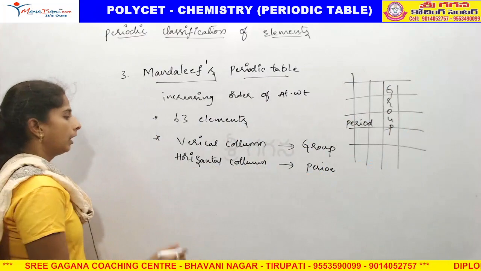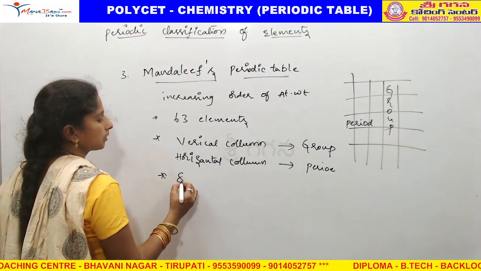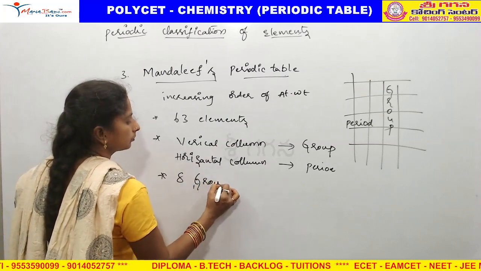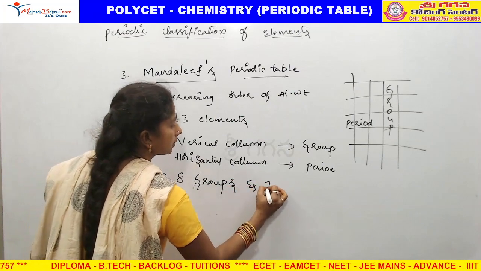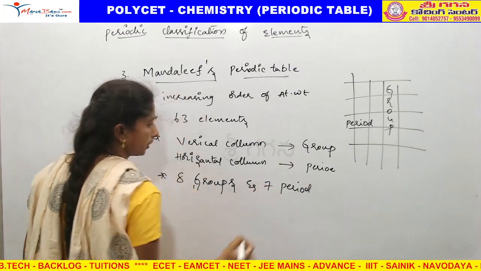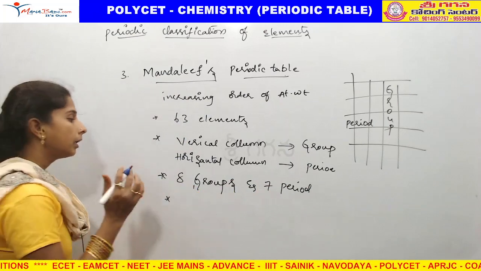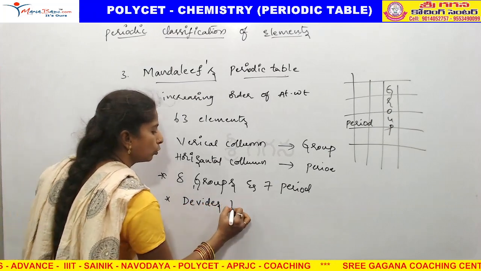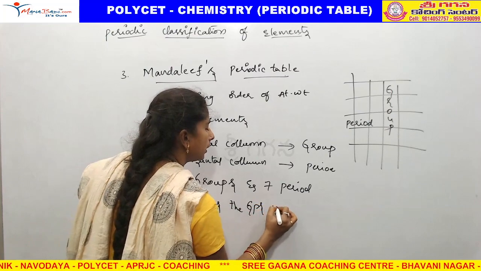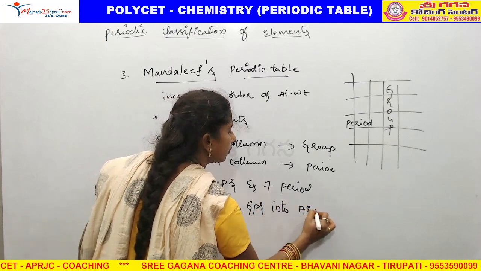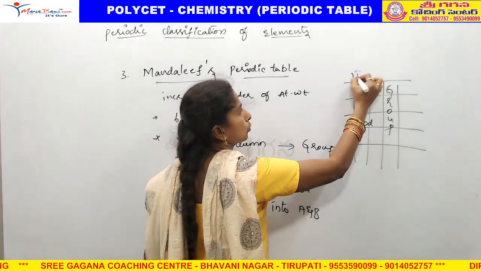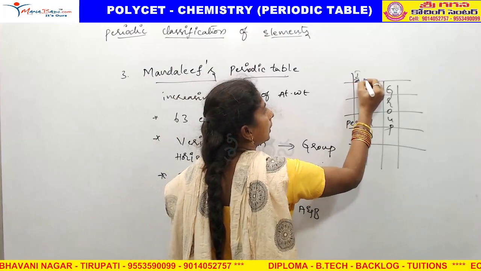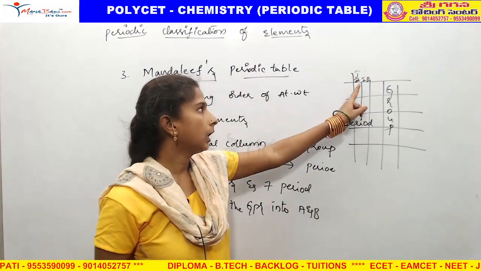In his periodic table, 8 groups and 7 periods are present. He divided the groups into A and B. For example, if we take this as the first group, he divided it into 2 parts, 1A and 1B.